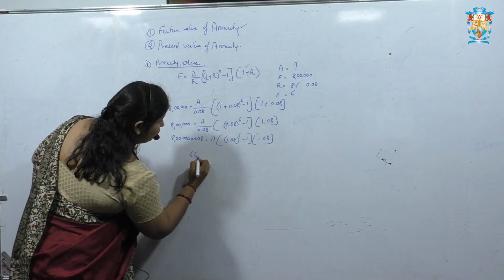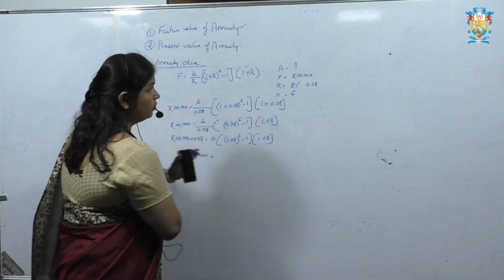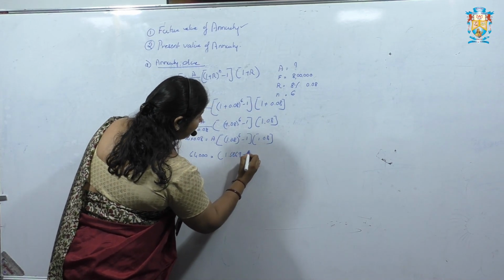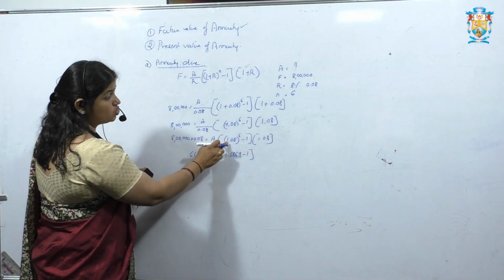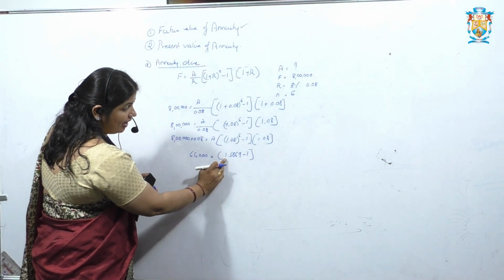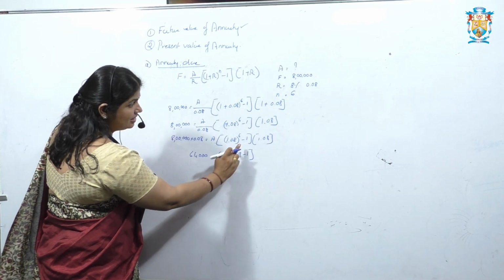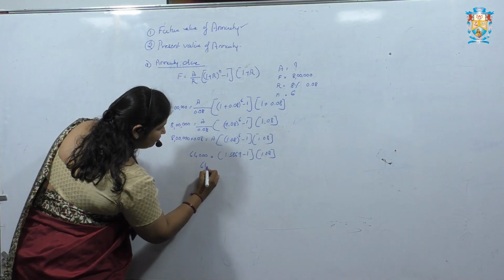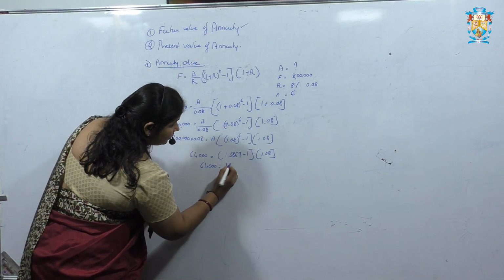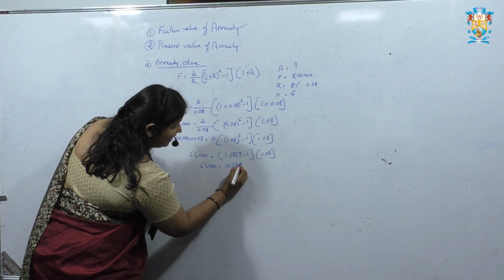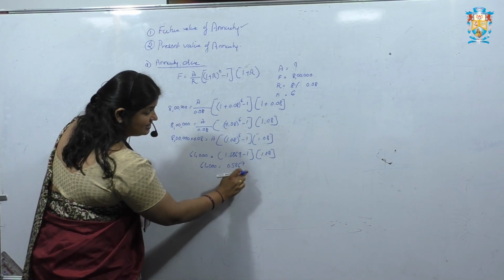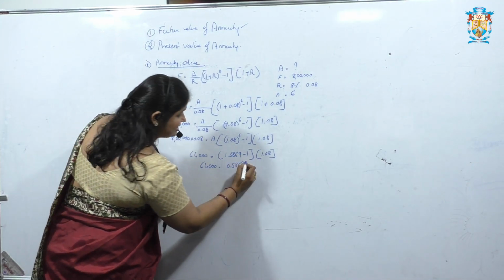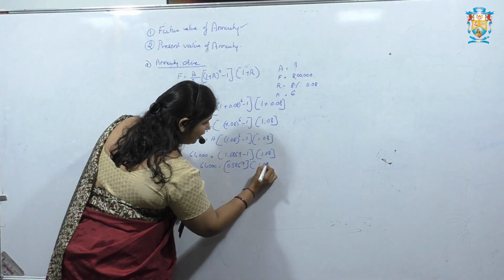Here 64,000 is equal to 1.08 into, when you multiply 1.08 for 6 times, your answer will be 1.5869, minus 1. Minus from 1, your answer will be 0.5869. Here it is 1.08.